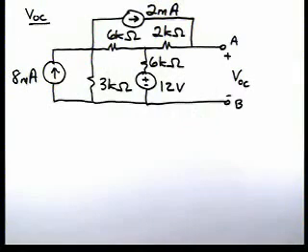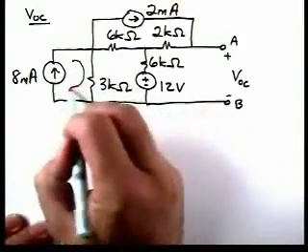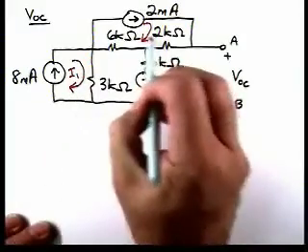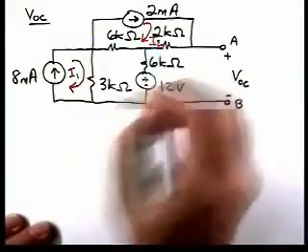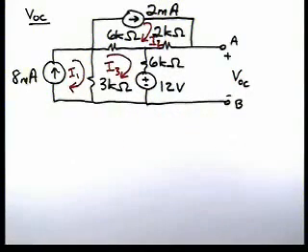If we do it with mesh analysis, since we have current sources, every time we have a current source, that gives us a constraint equation. But if we pick mesh currents, then our constraint equations are very easy here. So let's use mesh analysis. Let's call this one I1, this one I2, and this one I3.